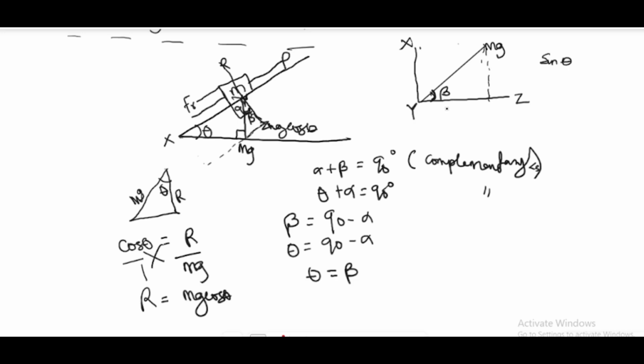Remember I said theta and beta are the same, equal to what? This is opposite. So let's call this k over the hypotenuse, which is mg. So what is that k? It will be mg sine theta. So have you seen the rationale behind the mg sine theta here?